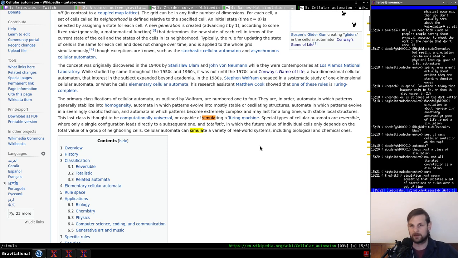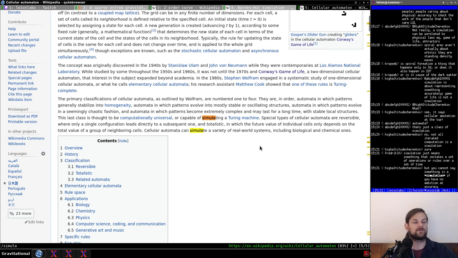You're always missing something. The question is, how physically accurate do you want to be versus how fast do you want to be? Simulation just means something that imitates a set of operations or rules over a set of time, right? There are probably ab initio calculations that you could say are perfectly physically accurate representations of whatever, but a simulation inherently is not a perfect representation of the physics, right?